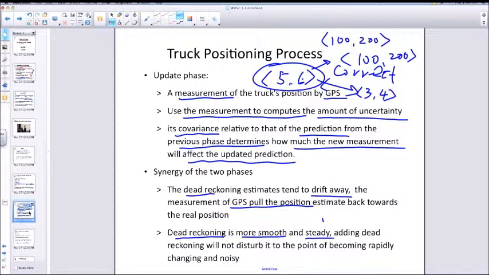So if you add this data ranking, which is accurate in a small scope, like a few steps, it will correct the GPS big mistakes and will not disturb the system to the point of dramatic change and noise. Now, GPS can give you errors hundreds of miles away, you believe, when the weather is weird and the signal is weird.